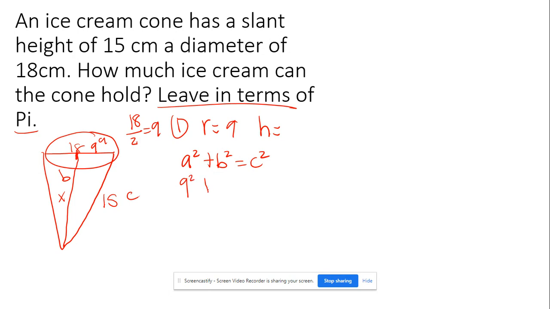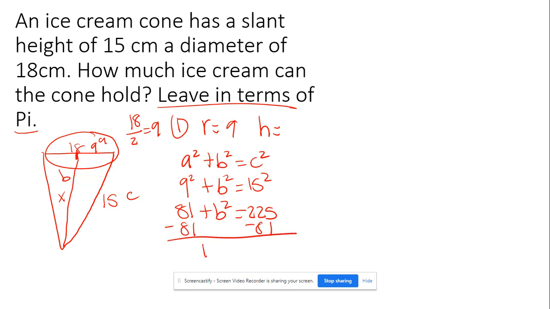So 9 squared plus b squared equals 15 squared. Well, 9 squared is 81 plus b squared equals 225. Subtract 81 from both sides, and you get b squared equals 144. Square root, and you get b equals 12, meaning this length right here is 12.